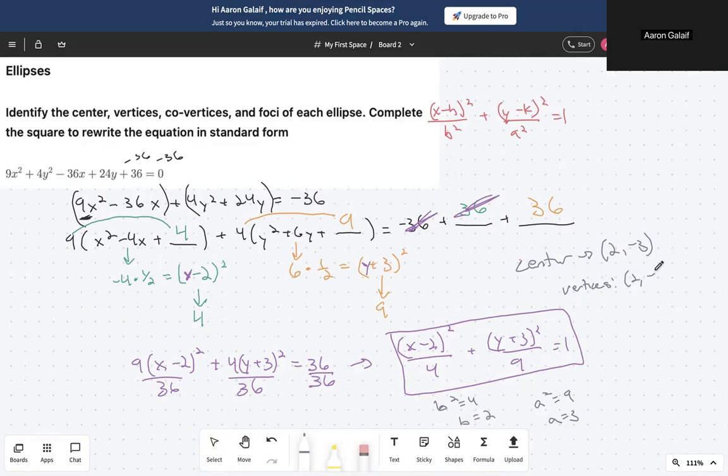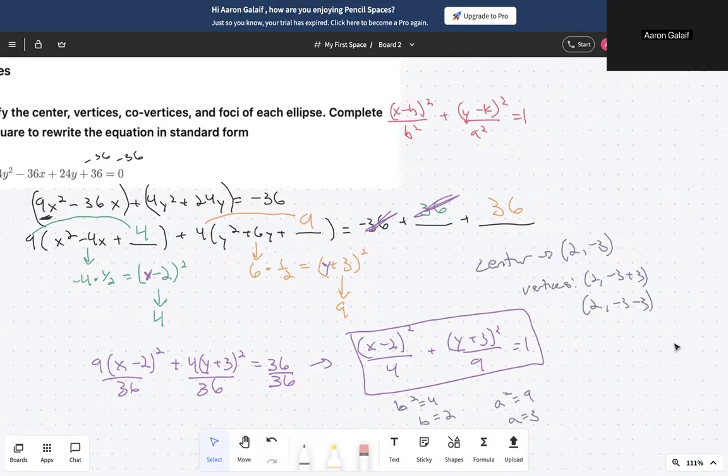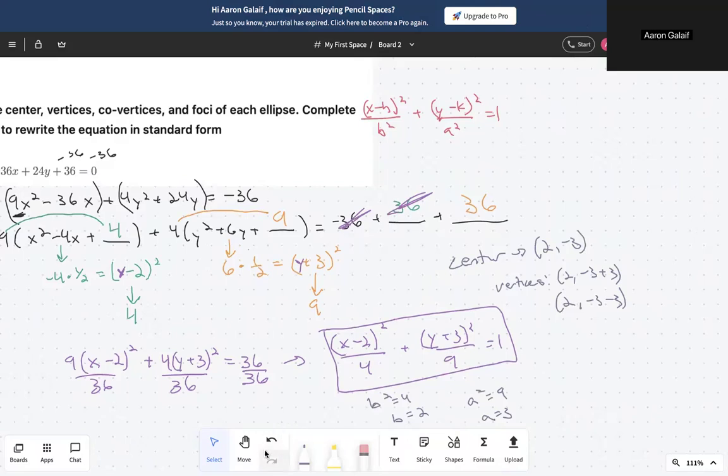So the vertices are (2, -3 plus 3) and (2, -3 minus 3). As simple as that. Truly as simple as that. And we see the vertices are (2, 0) and (2, -6).